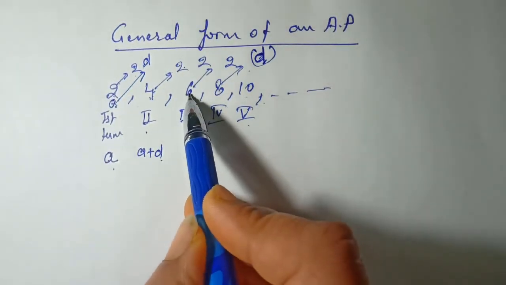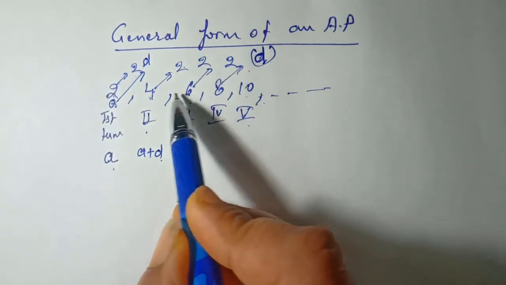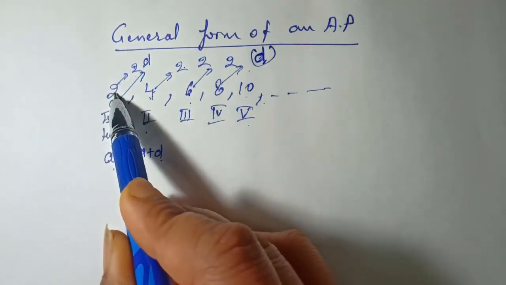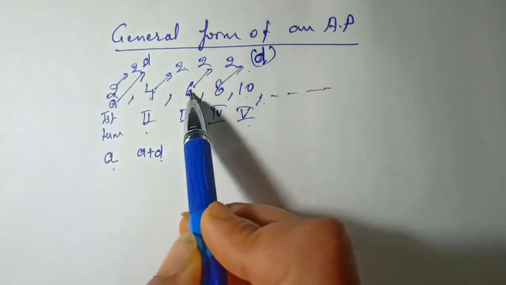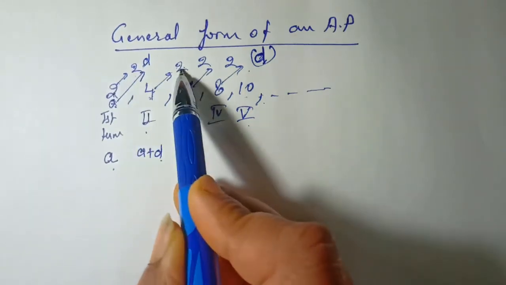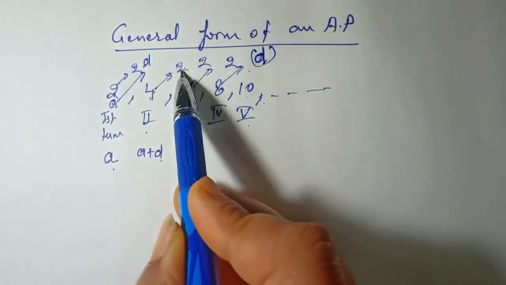Come to the third term. If we have to frame the third term on the basis of the first term, you can observe here, if we take 2 and on the basis of this we have to frame the third, it means we have to add D two times.